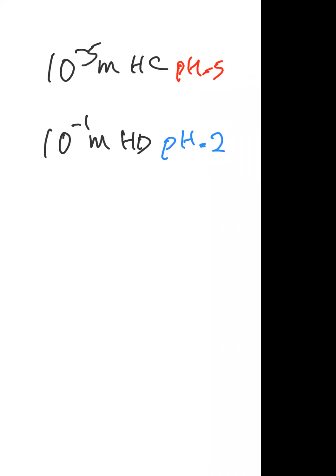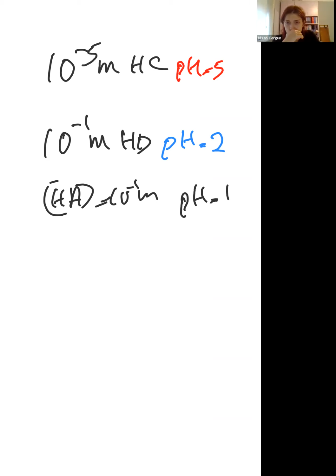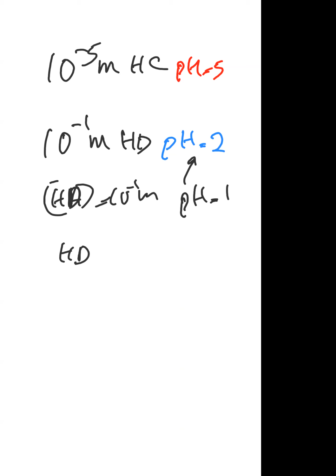Let's make calculation. Since HD has a concentration of 10 to minus 1 molar, if everything was on route, the pH should be 1. But we observe that the pH is 2, which means not 100% ionized. HD is a partially ionized acid.